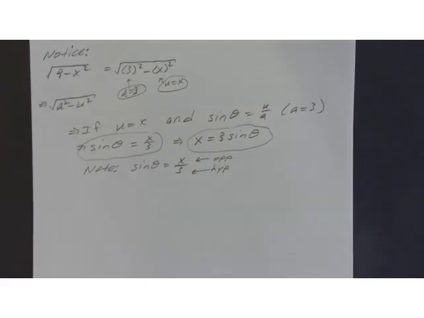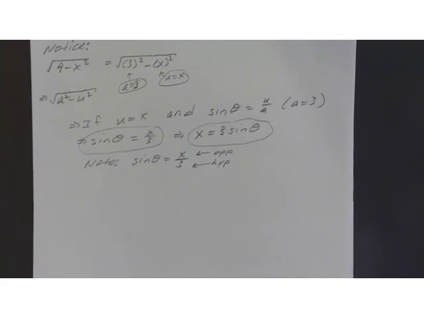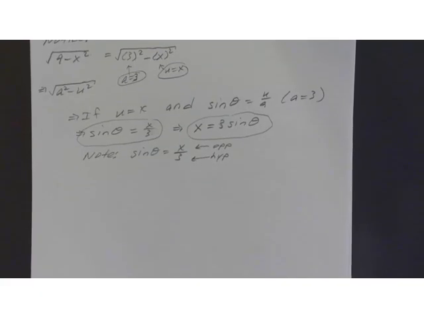You can kind of create the triangle yourself. So like I say, even if you don't remember it, you can still kind of create it on your own. And let me put a little rectangle around that.